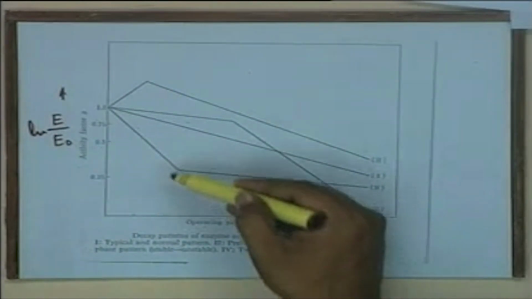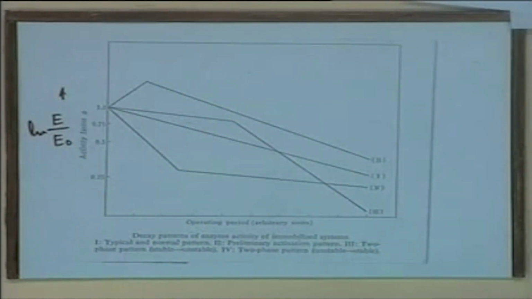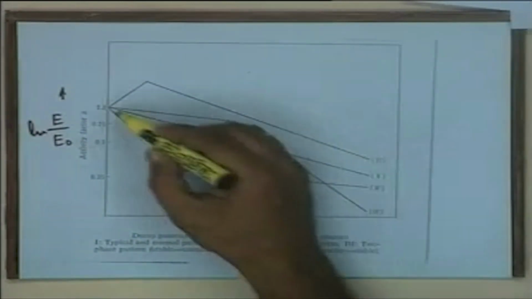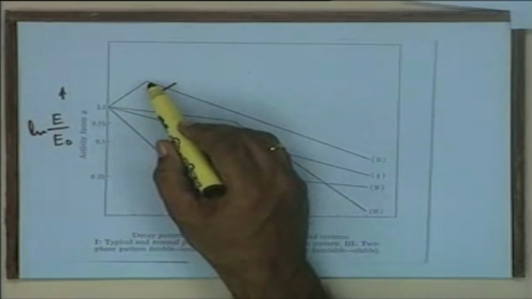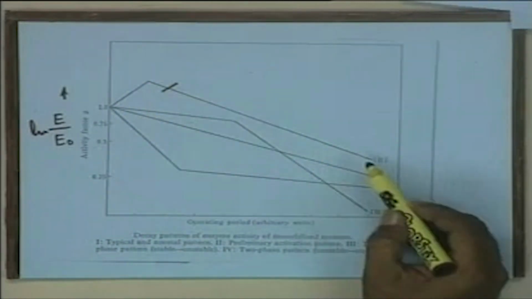Now these are the four different kinds of operational stability that have been noted, and you will notice that they all relate to certain discrepancies in the immobilization procedure. For example, in the case of the second profile, there is an initial increase of the enzyme activity and then the normal decay.